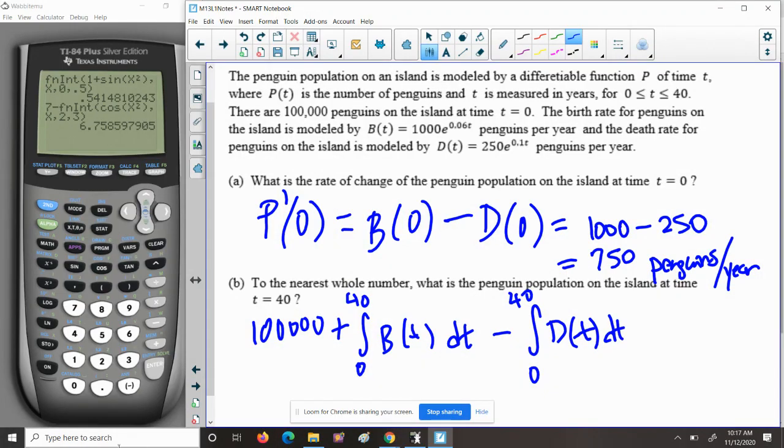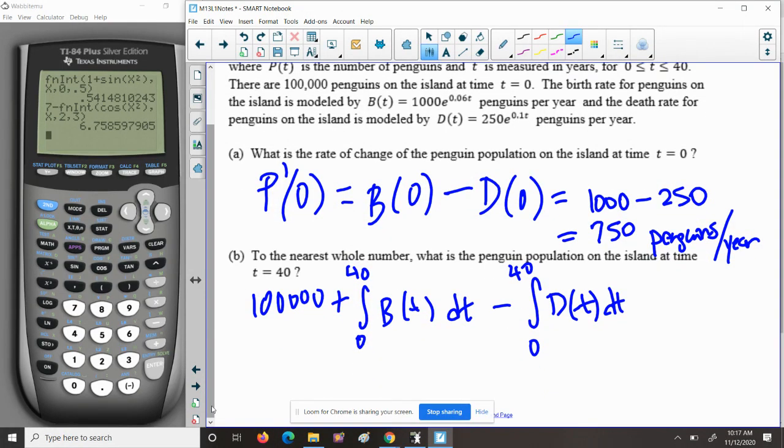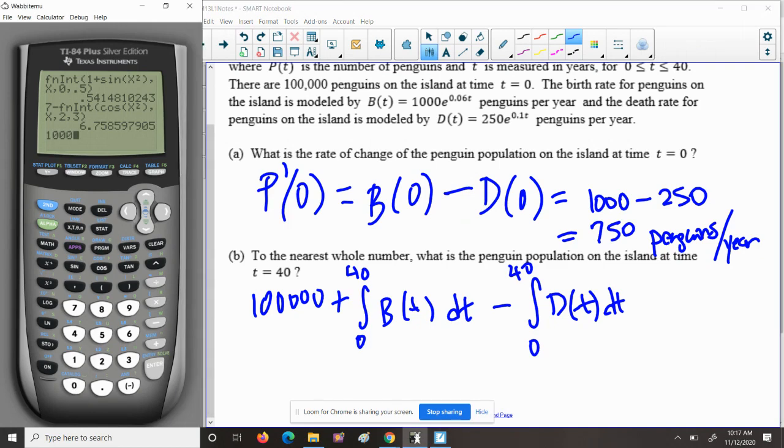Okay, so if we do that, we've got 100,000. Plus, we want to take the integral of b of t, which was 1,000 times e to the 0.06, I'm going to use x for my variable, comma x, comma 0, comma 40.